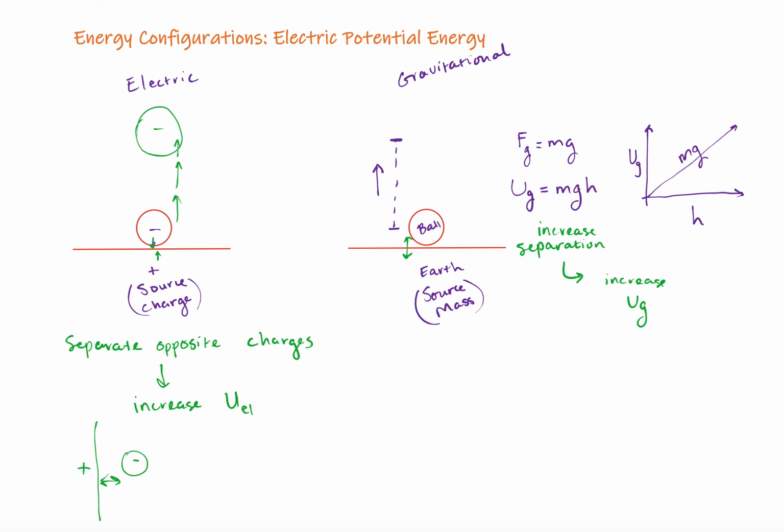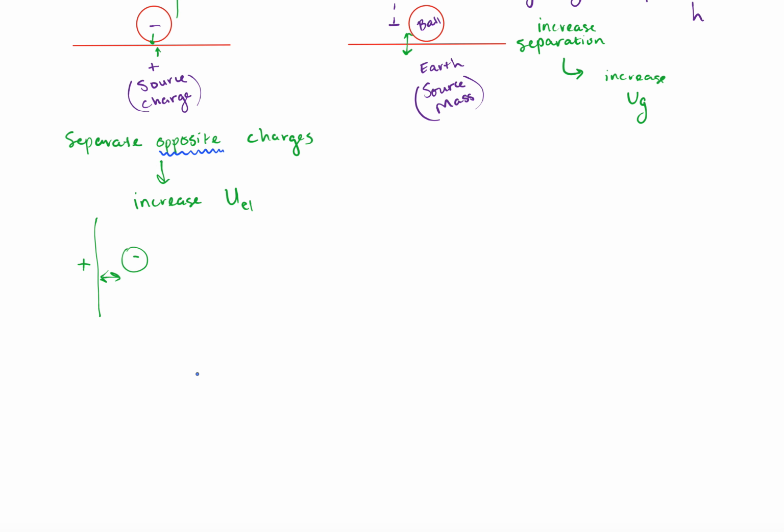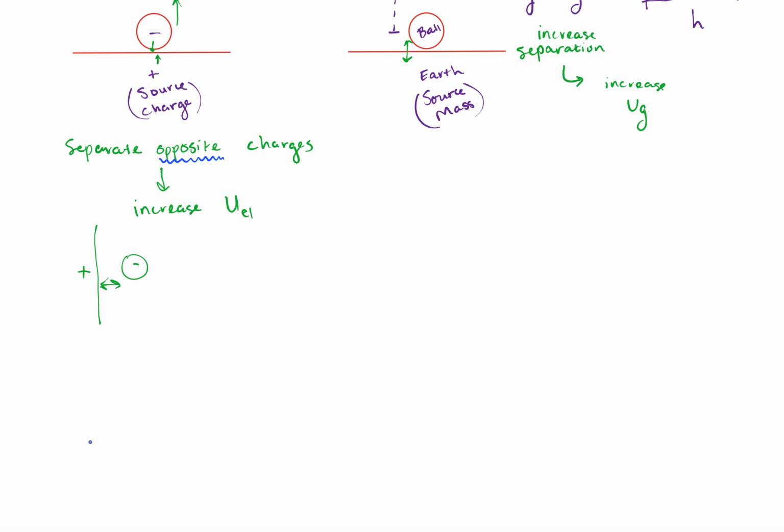Now, in this case, there can be something different because I'm separating opposite charges that naturally will fall together. So if I change the scenario here and say that my source is positive and I'm going to make this charged ball now also positive, they naturally do not want to be with one another.